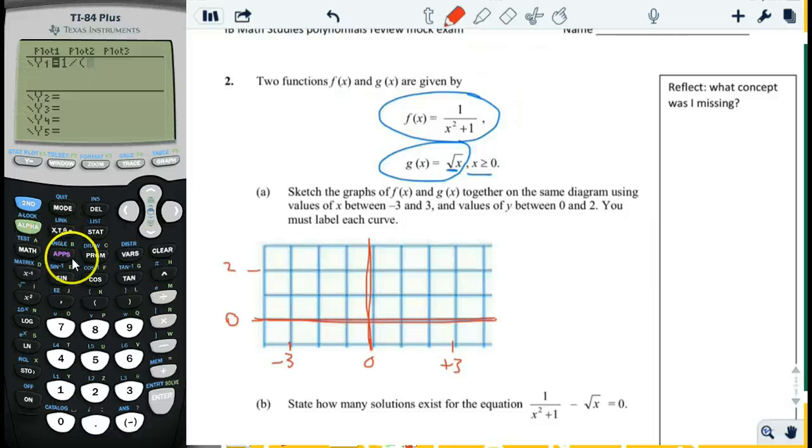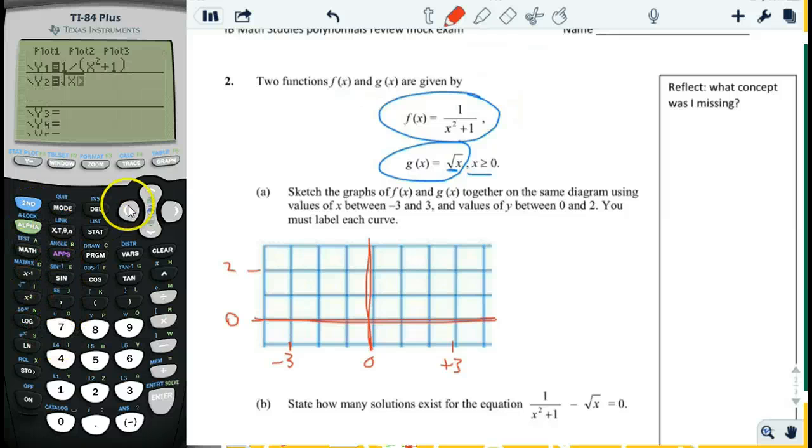And of course, you should always use parentheses around the denominator, around the numerator. 1 divided by x squared plus 1. So that's f. And g would be square root of x. Square root of x. And then we graph.